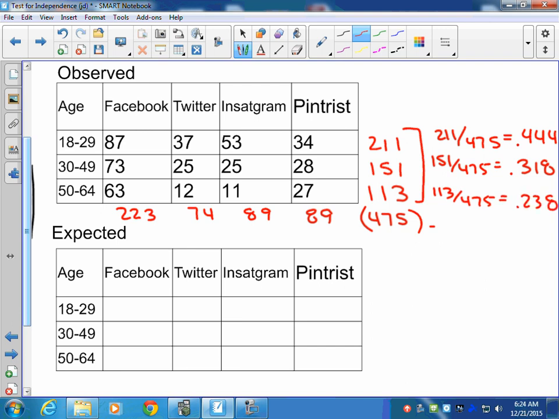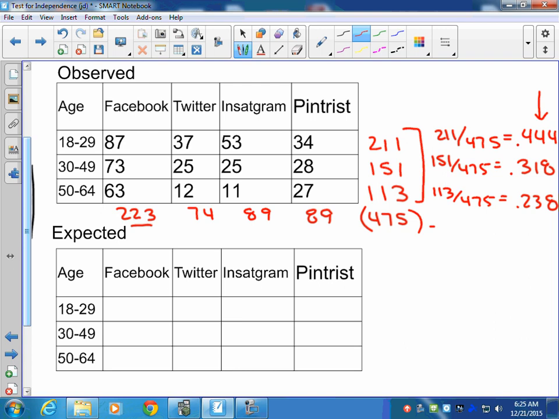Now, once we had the percentages or the equal distribution in our goodness of fit test, we had to multiply that by a total value. And it's no different here. So when we're looking at just Facebook, we know that Facebook has 223 individuals overall. That's the total. And we have our proportional breakdown over here on the right-hand side for multiplying that out.